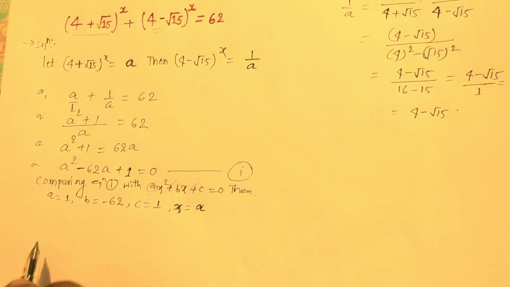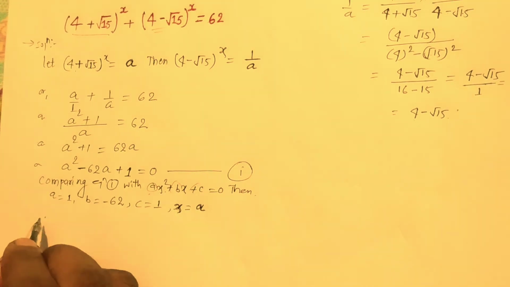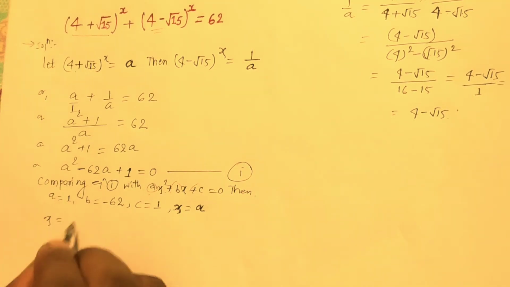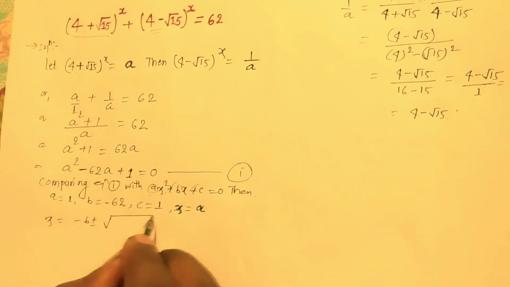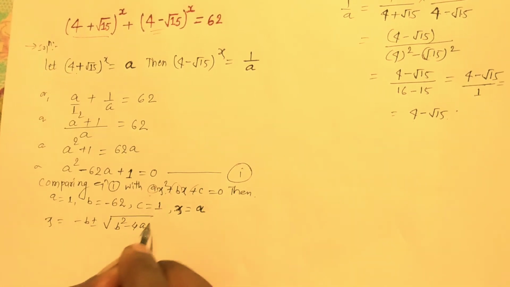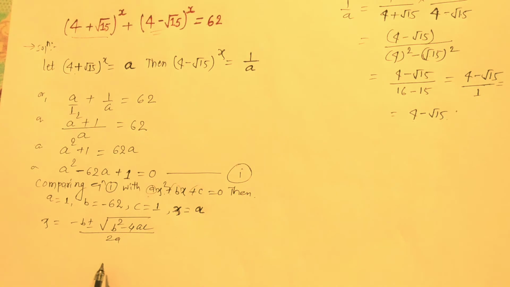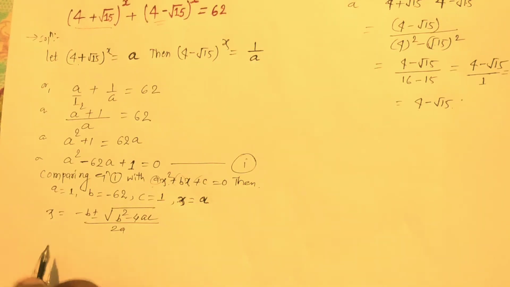Now we can use the quadratic formula. The formula is x = (-b ± √(b² - 4ac)) / 2a.